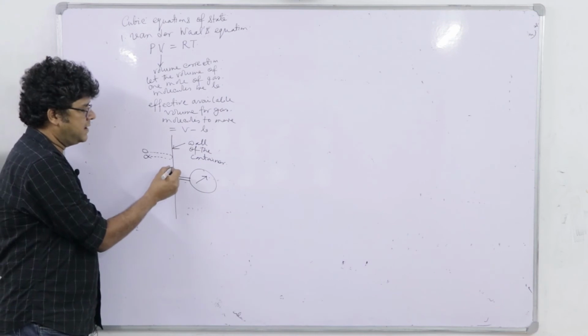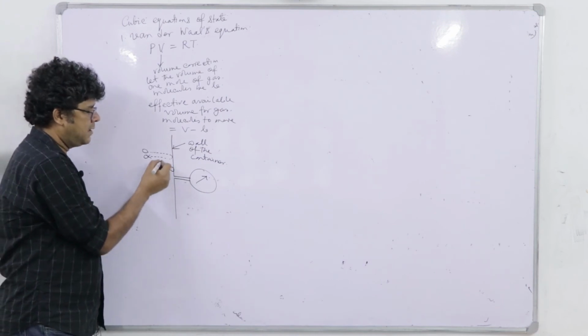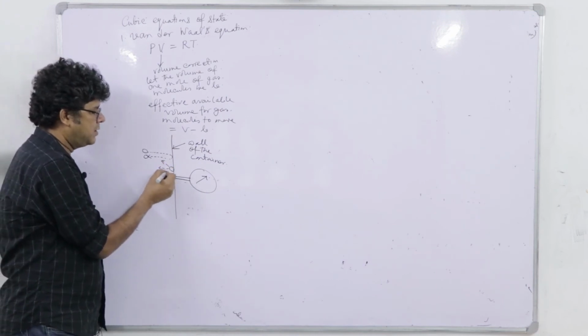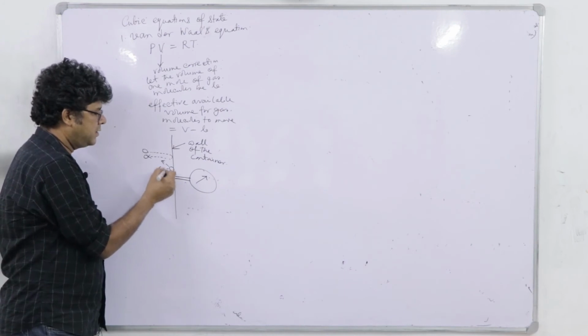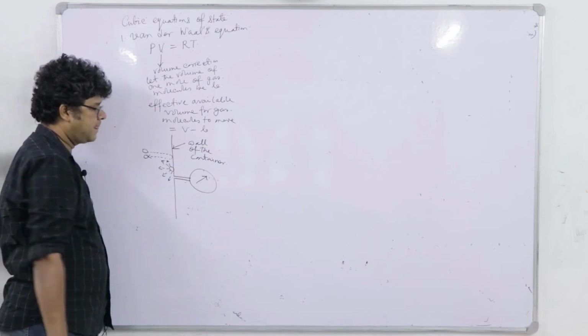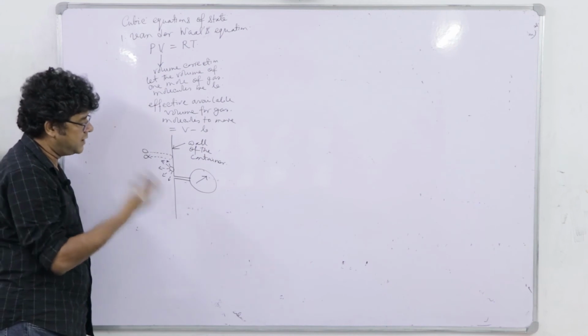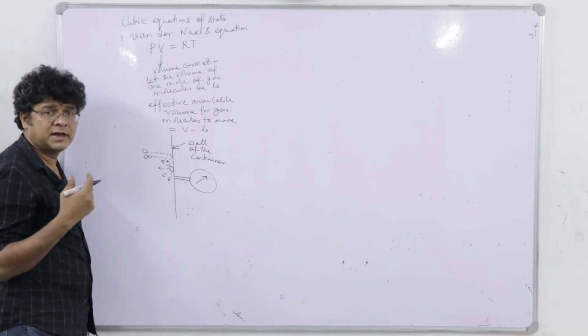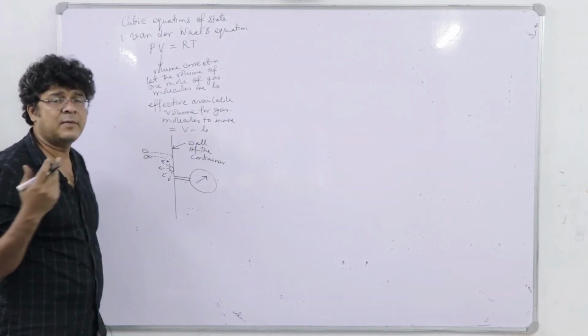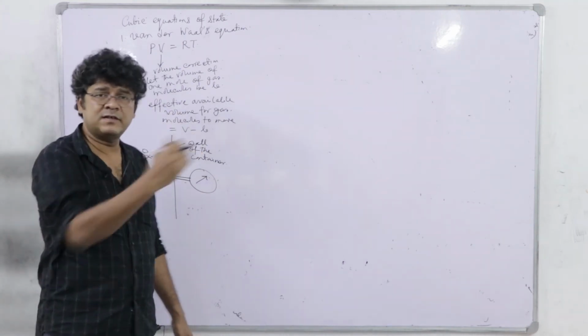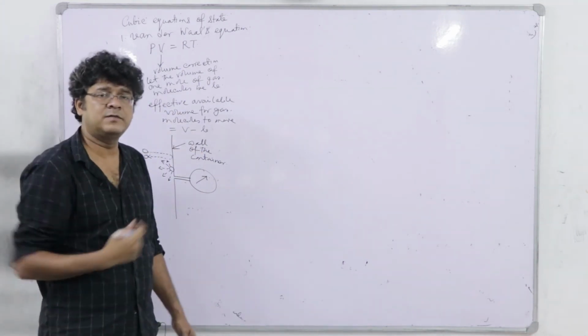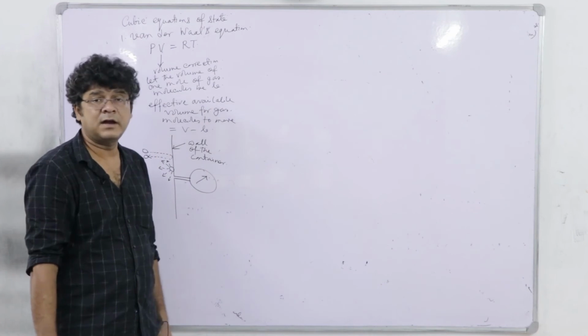Now, when it is hitting this wall, actually it is being pulled by the neighborhood gas molecules. So, the pressure we notice, and pressure is what? Force per unit area, and the force is coming because of the continuous collision of the gas molecules with this wall of the container.